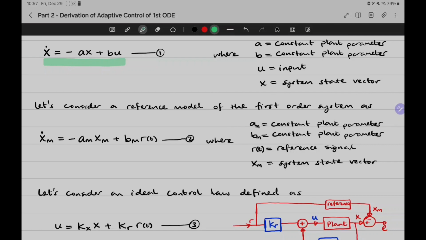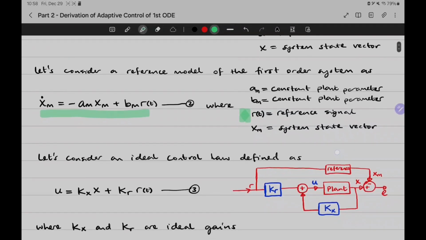So in this scenario, we are defining a reference model of this form, where you have AM and BM as the constant parameters. Now, R(t) is essentially the reference signal that we want both models to follow. So it can just be basically a trajectory that you want the system to follow.